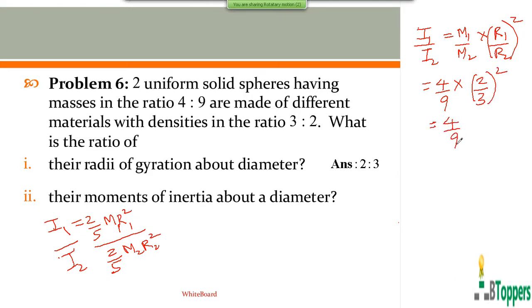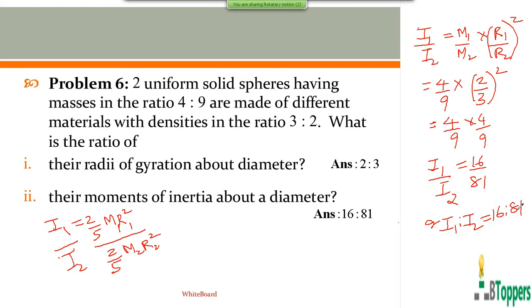So you get I1 by I2 equal to 16 by 81. So for the second part of the question, you get the answer as 16:81.